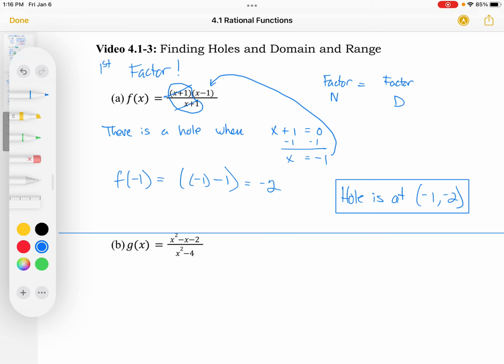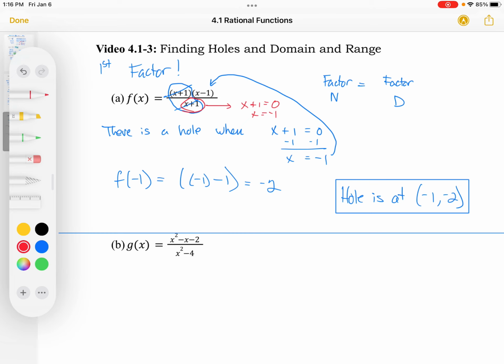Now, one thing I just want to bring up while we're here is when we talked about vertical asymptotes, we would factor the denominator and find when the denominator equals 0. And we would do something like this, and we'd solve this and say, hey, this looks like there's a vertical asymptote at x equals -1.